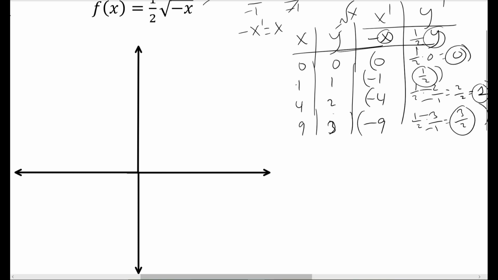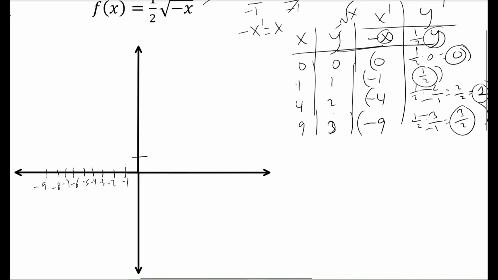All right, we have all the way to negative 9 here. 1, 2, 3, 4, 5, 6, 7, 8, 9. We have here 0, half, 1, and 3 halves.